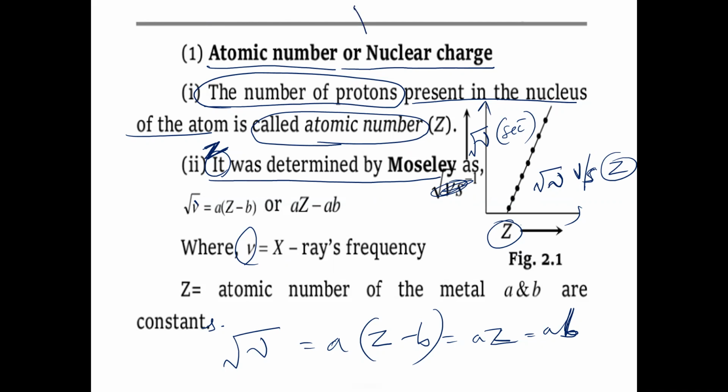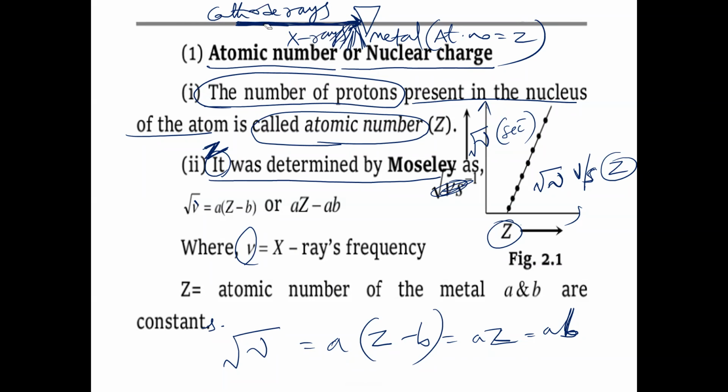So how are these X-rays produced? Generally, when you take one heavy metal with atomic number Z, suppose cathode rays are falling on it.